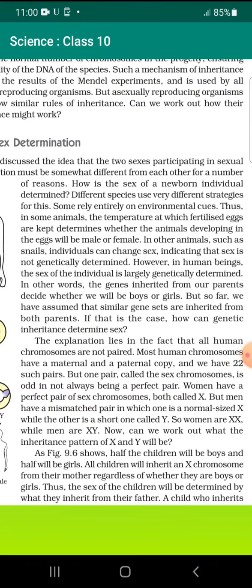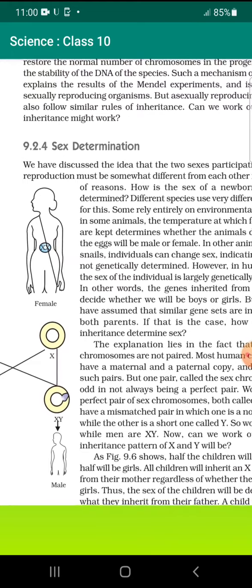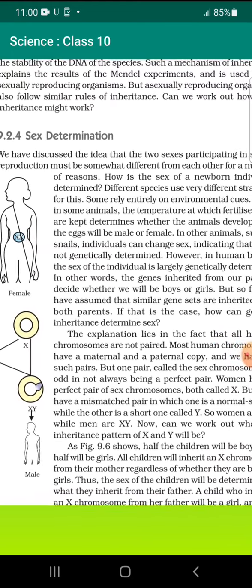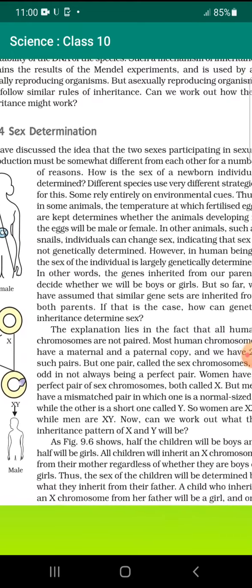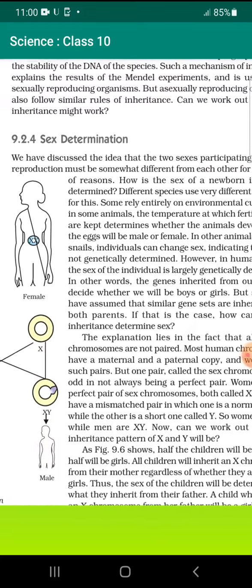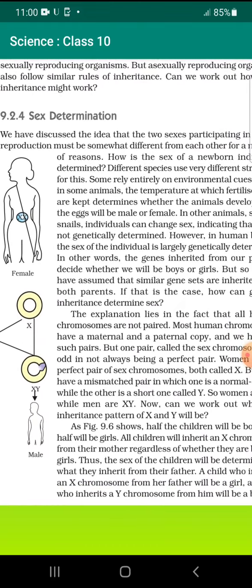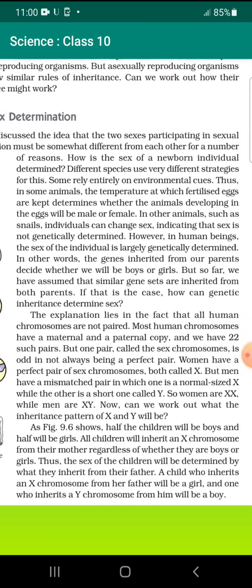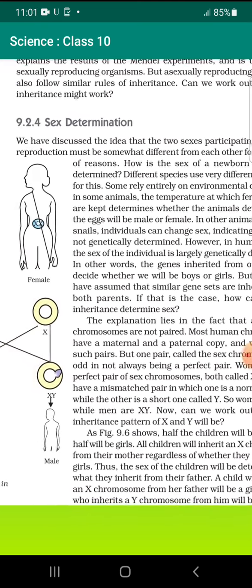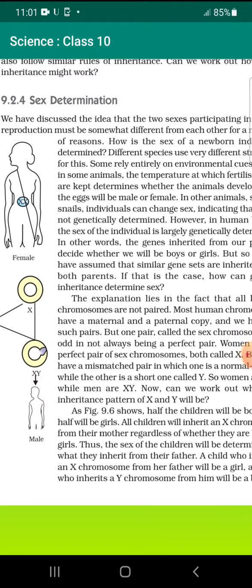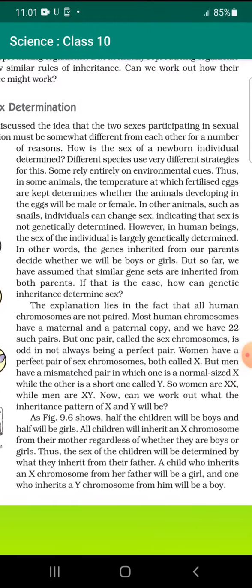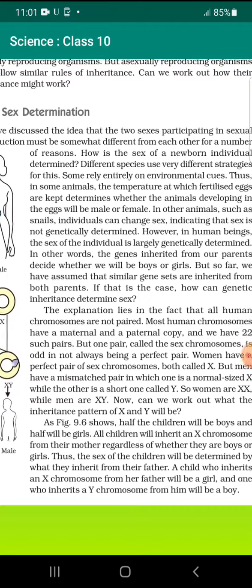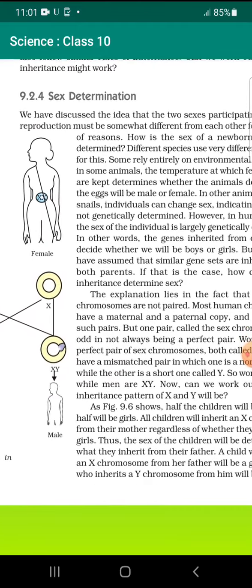Such a mechanism of inheritance explains the results of Mendel's experiments and is used by all sexually reproducing organisms. But asexually reproducing organisms also follow similar rules of inheritance. Can we work out how their inheritance might work?